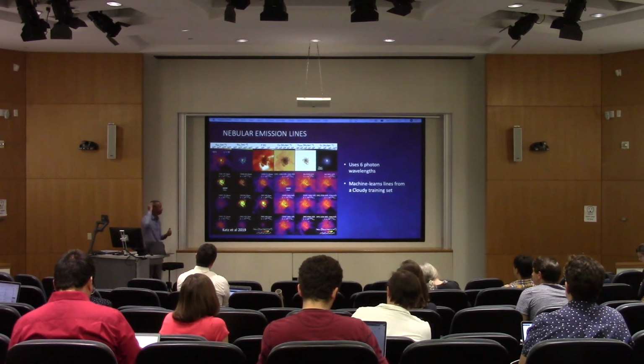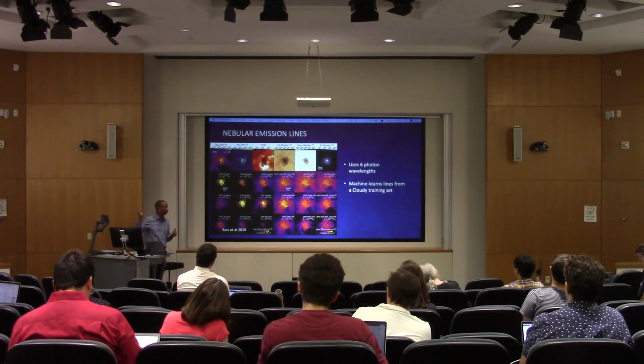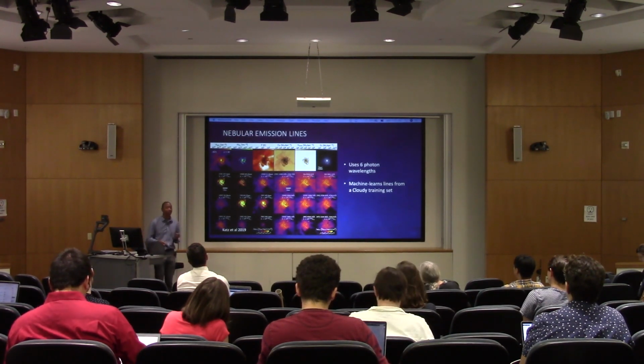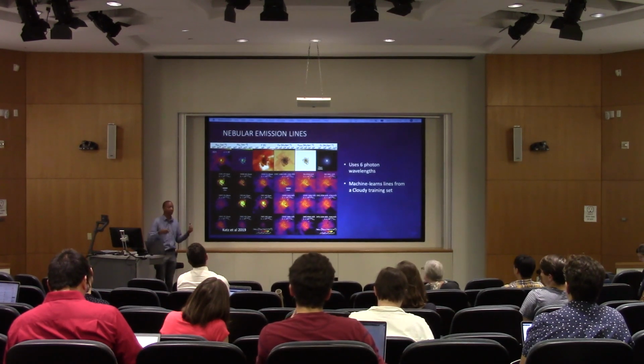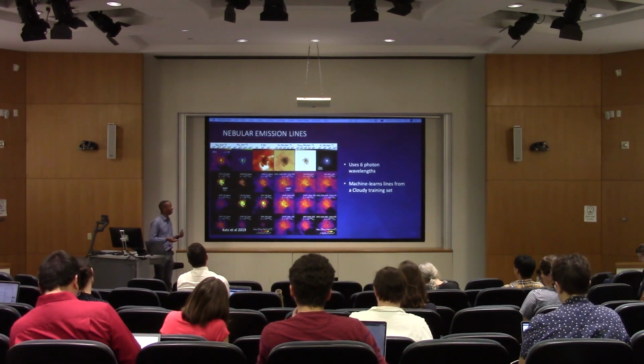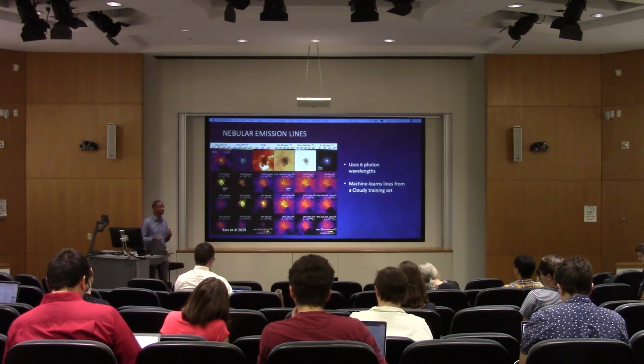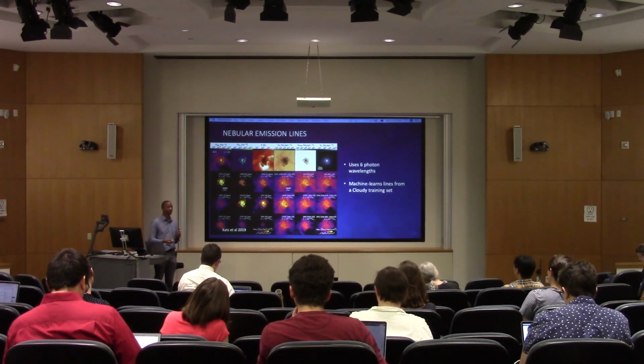If you just do the math on that, the grid was several million different possibilities. That became too many Cloudy calculations to do. Cloudy is a photoionization software that a lot of people use. There were also a million cells in the galaxy, so there was really no way to get around there being millions of Cloudy calculations. So instead, they used a machine learning algorithm to predict what the emission lines would be based on a training set.